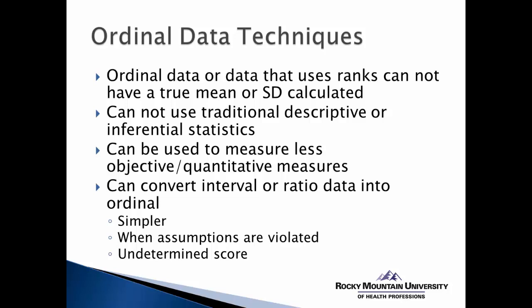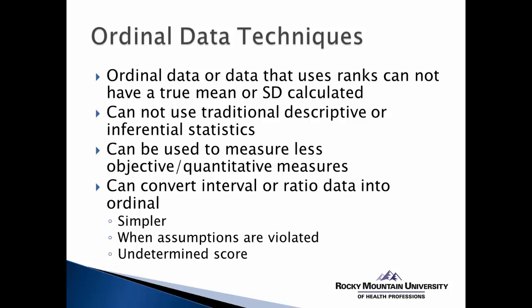This is a process in which we have data that's a little simpler. If we've got interval or ratio scale data that might have very large numbers, it might be easier to convert that into a rank. So when the assumptions of inferential testing or parametric analyses are violated, such as what we might see in t-tests or ANOVAs, we have an ordinal data alternative.